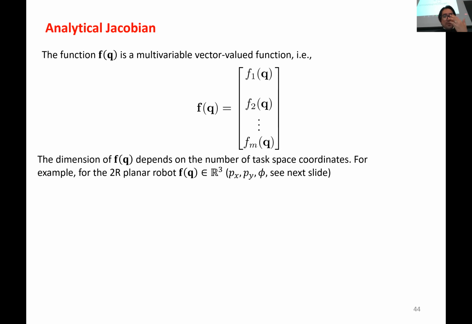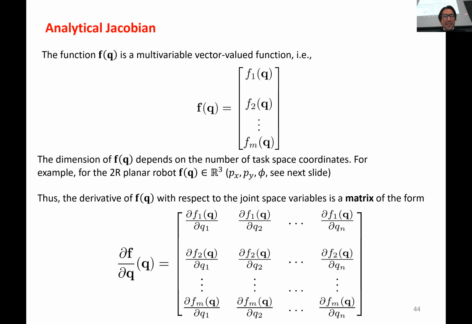The number of task space coordinates, as we were just mentioning, can be selected: position in x, y, z, and the orientation you want, Euler orientations. For example, in the case of the 2R planar robot, the task space has dimension 3: position in x, position in y, and the angle phi. We'll see this in the next slide.